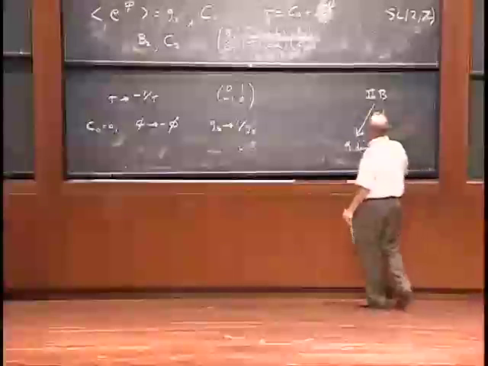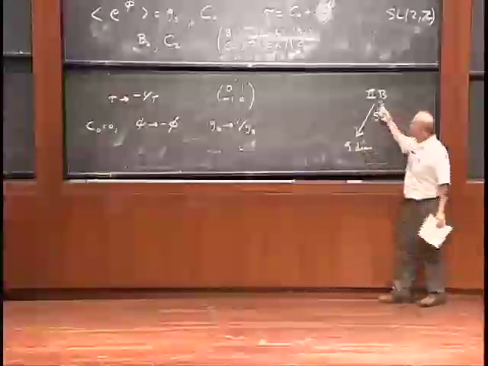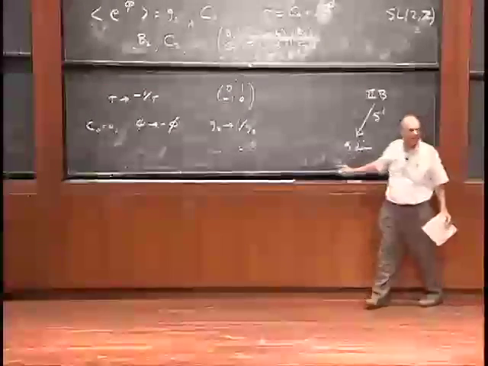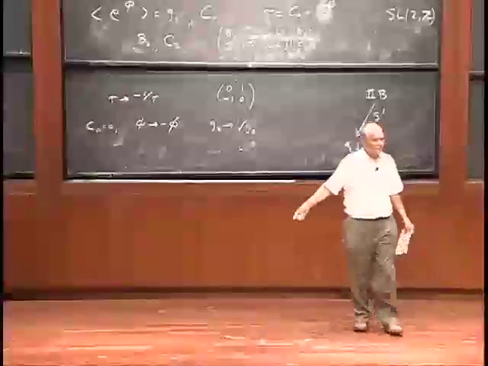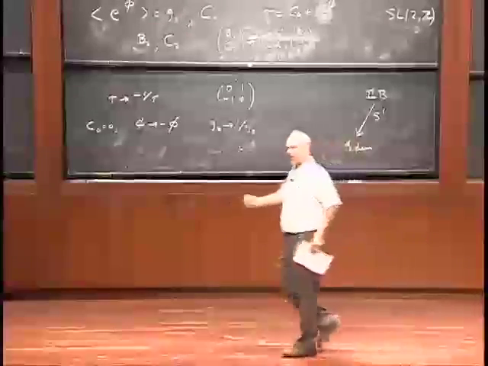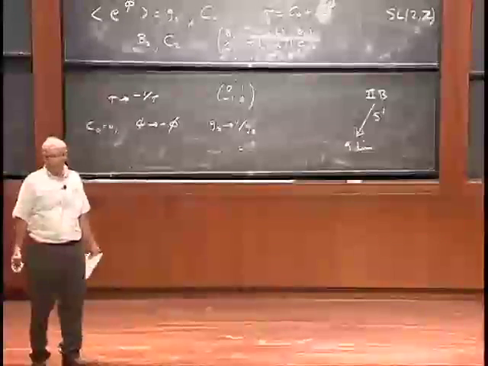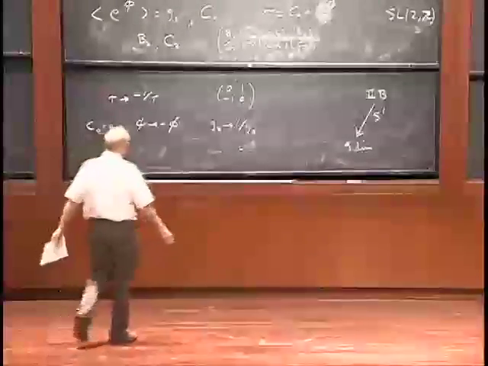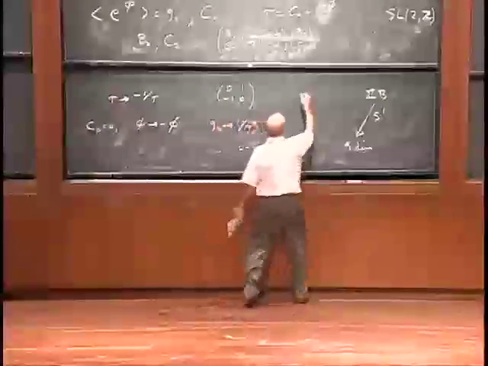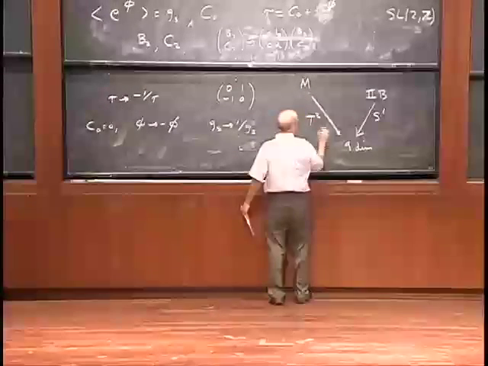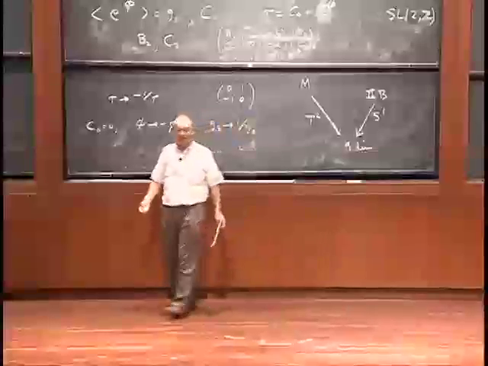Now we know that type 2B on a circle is related by T-duality to type 2A on a circle. And I've told you that type 2A can be understood as M theory on a circle. So putting those two facts together, we can start with 11-dimensional M theory and compactify on a 2-dimensional torus and get to the same 9-dimensional theory.